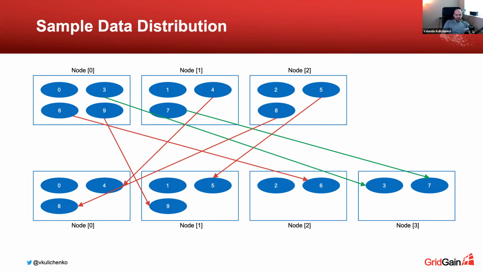This is actually quite a big issue. These are data movements, and this is data reshuffling across the 3 nodes that we've had prior to the topology change. And this data movement, if you think about this, is completely redundant.